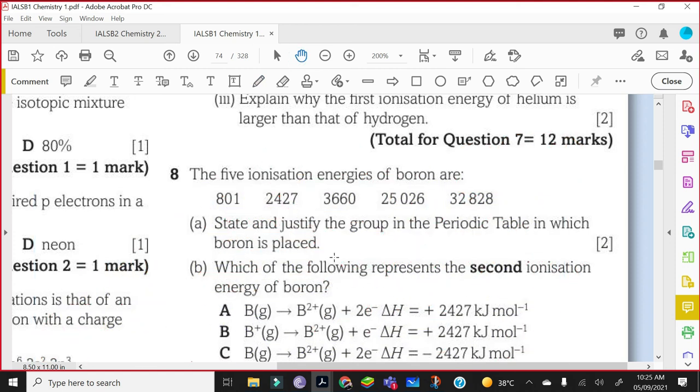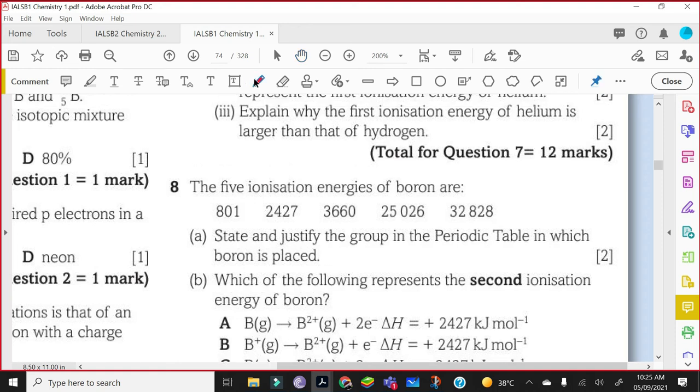Okay. What I'm saying is the electronic configuration of boron, you need to do that. And how you're going to do that? This is 1s1, 1s2, right? This is then 2s1 and 2s2, and this is 2p1.